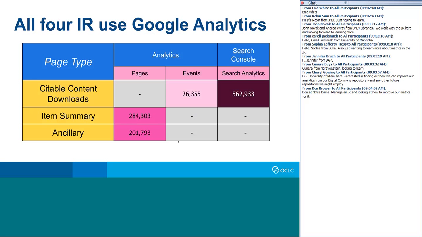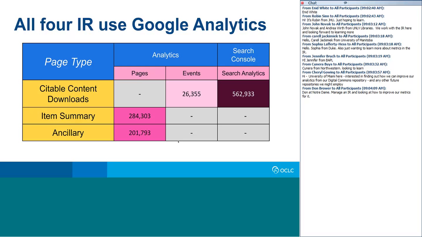So all 4 of these institutional repositories used Google Analytics, and the important number is over on the right: 563,000 citable content downloads from all 4 repositories during that spring semester of 2016 were not being captured with Google Analytics.